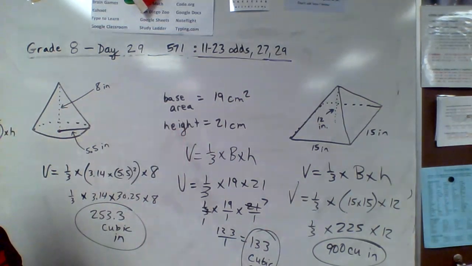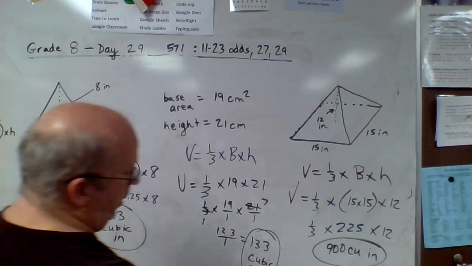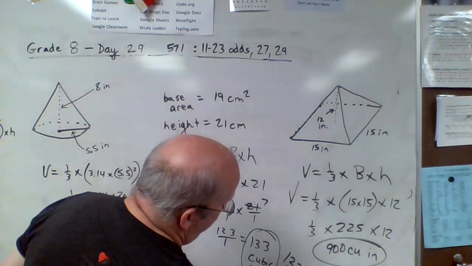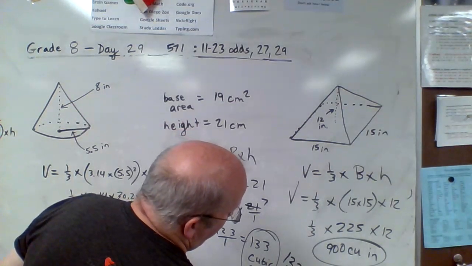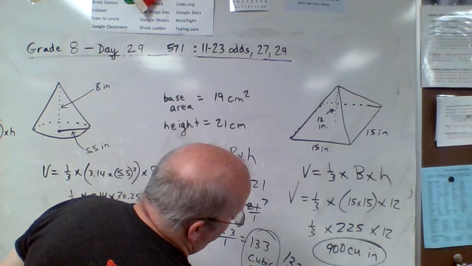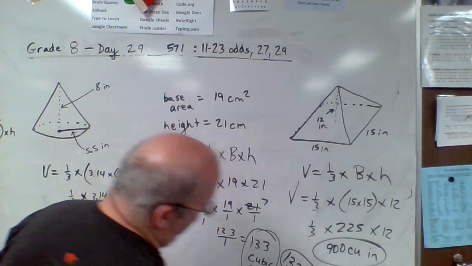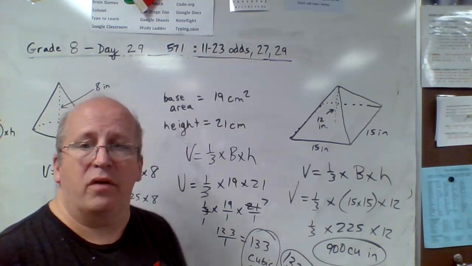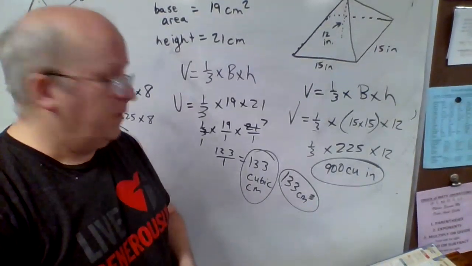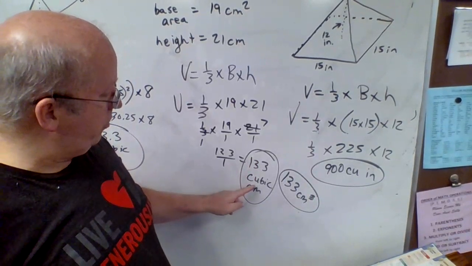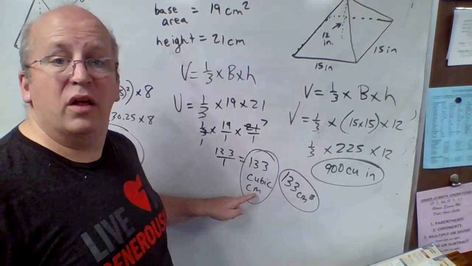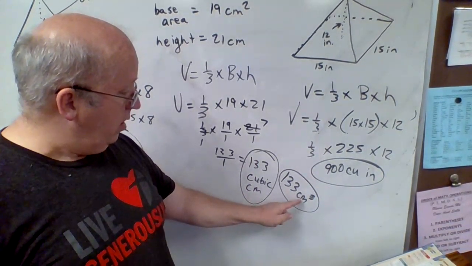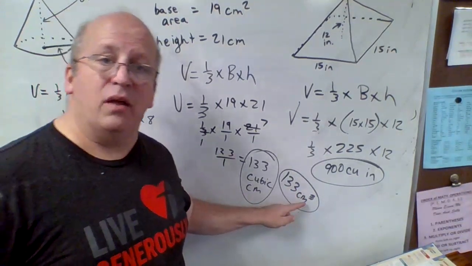133 cubic centimeters. Now, don't forget, another way to write cubic centimeters would be to write it like this, centimeters to the 3rd power. So sometimes you'll see it written like this. Oh, it's off the screen, sorry. Sometimes you'll see it written like this, cubic centimeters for volume, and sometimes you'll see it like this. But it still means cubic centimeters.